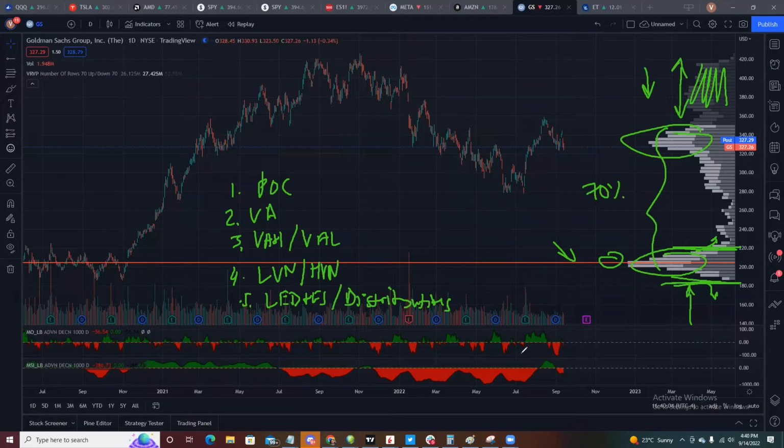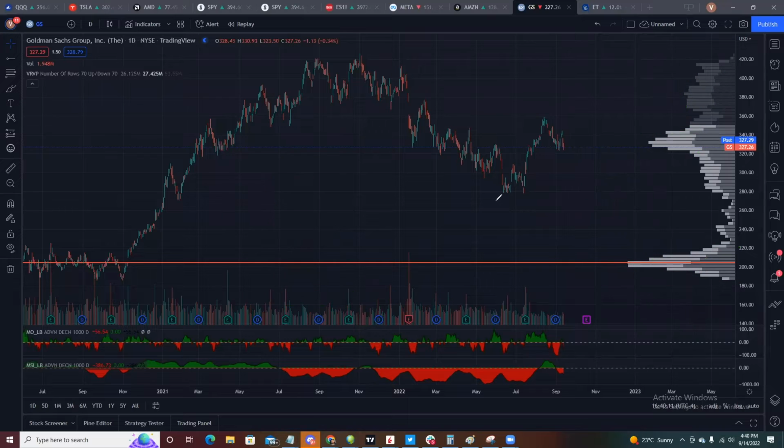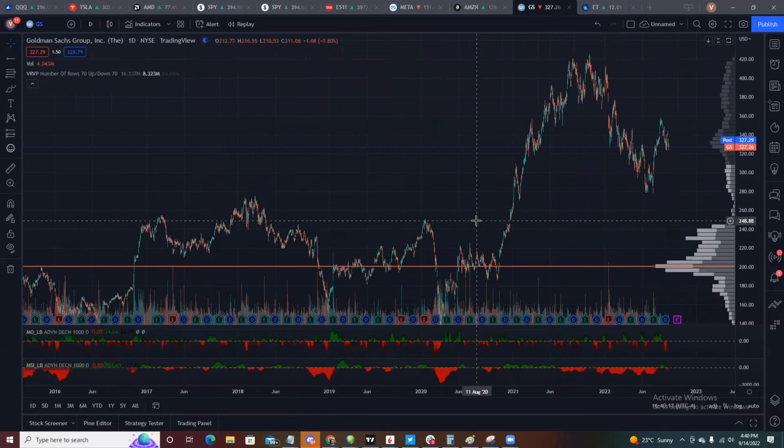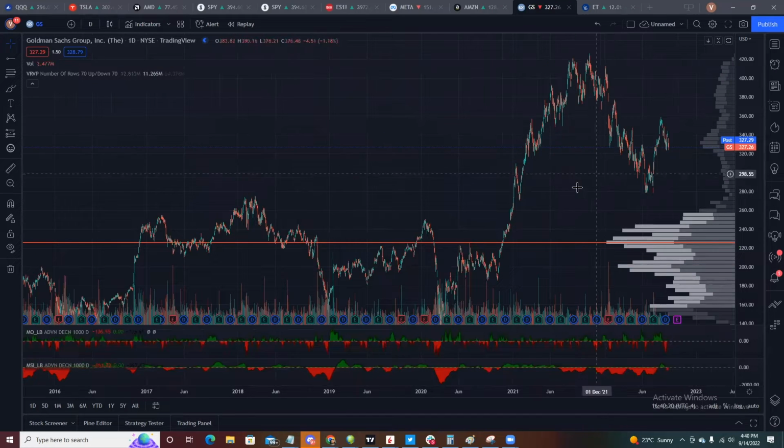A value area high and low is just the area that sandwiches the value area from the top and the bottom. And these are generally good support and resistances as well. Now, the thing with the visible range is that it changes, right? So obviously, the distributions will stay fairly consistent, but you have to keep in mind that when you move it around, it's going to change.